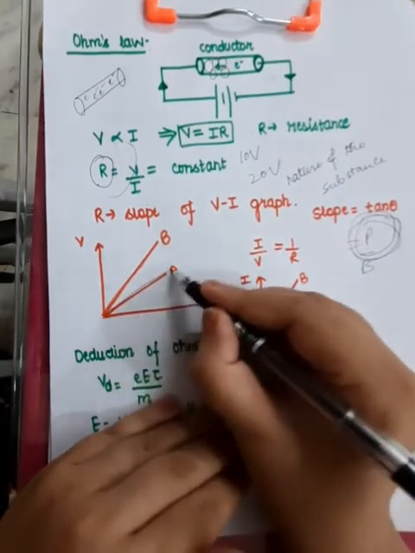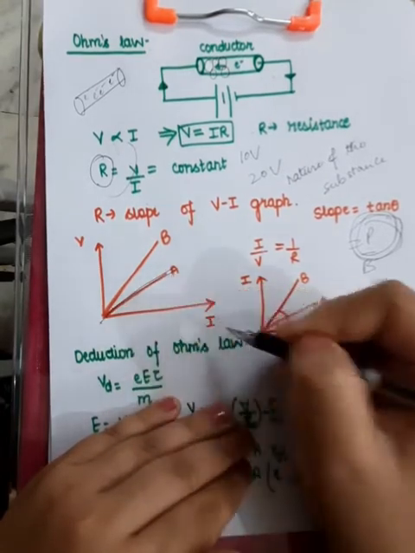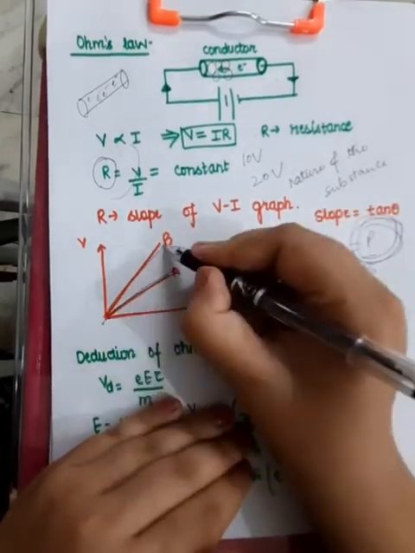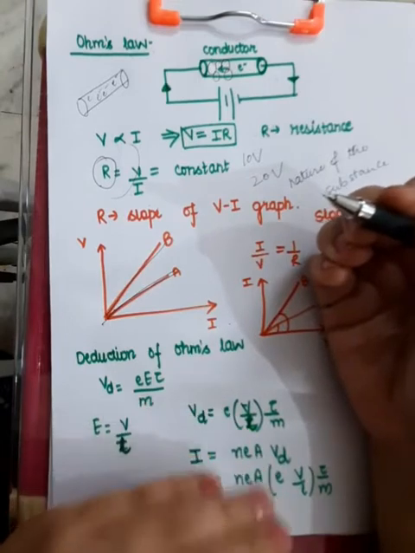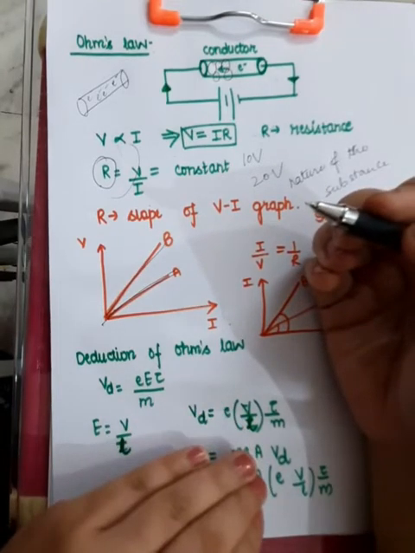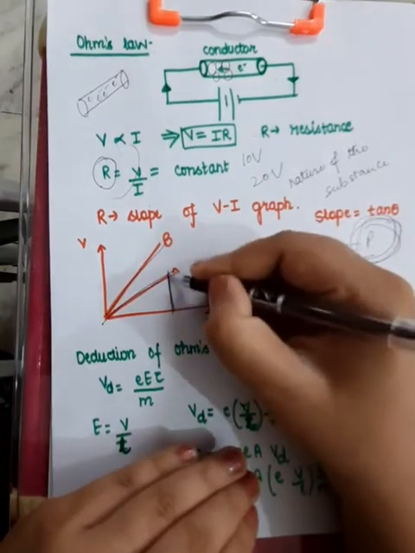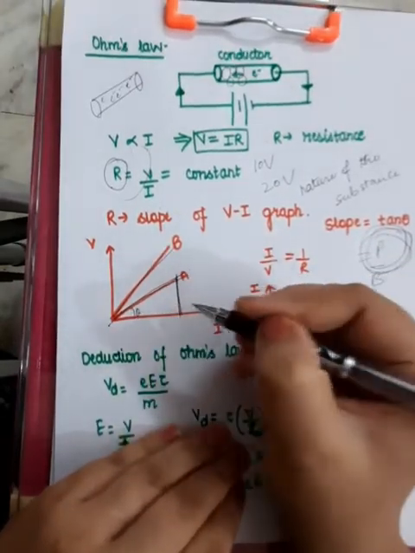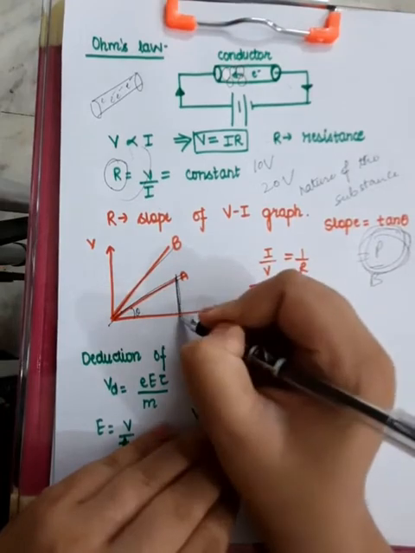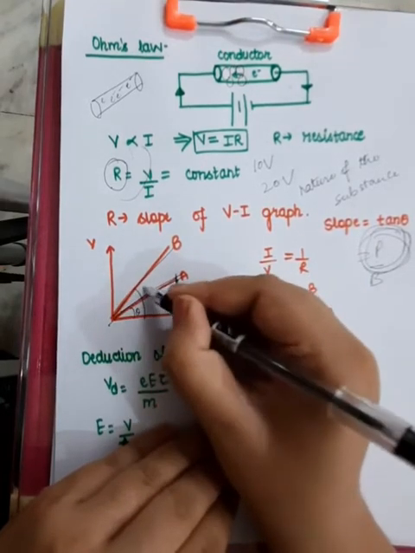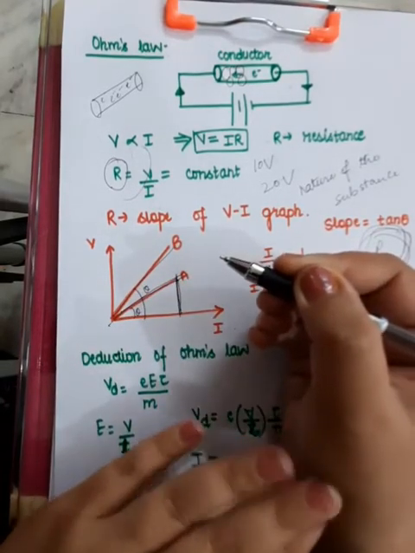Now see, this is material A's VI graph, and this is material B's VI graph. I want to know which out of these two has higher resistance. See, A's perpendicular is less, or you can say its theta is less, so its slope is less. And B's slope is more, isn't it?